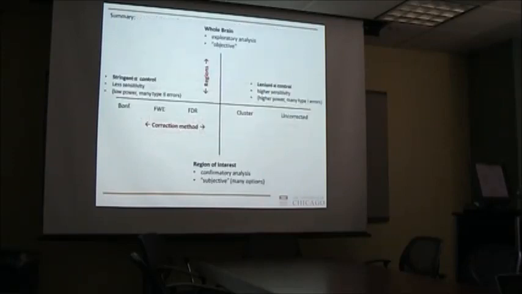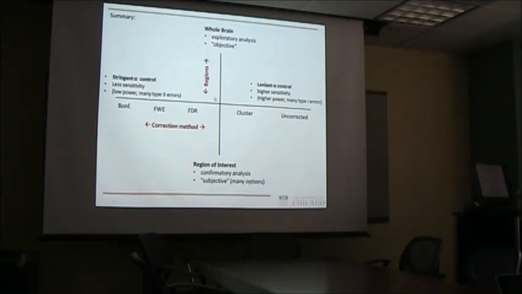I have one last slide. What I always think of with these two considerations, if you look at the different types of correction methods: I talked about Bonferroni correction, family-wise error, false discovery rate, cluster correction, or maybe just using an uncorrected threshold, and approaches like choosing the regions for which you correct, like the whole brain or just a certain region of interest.